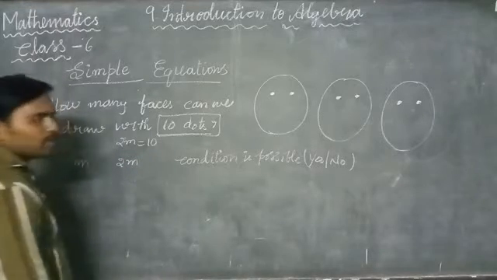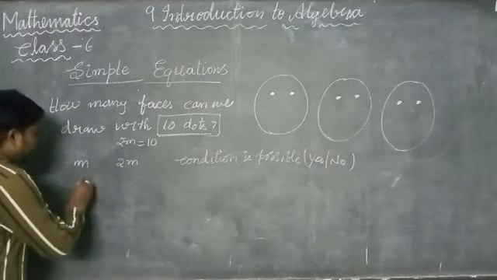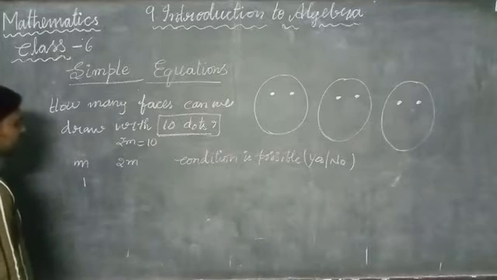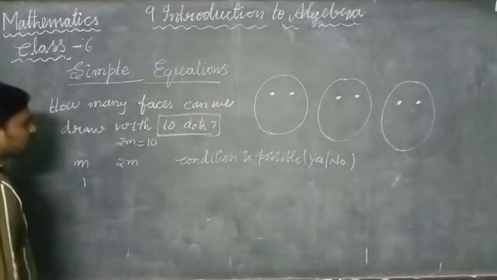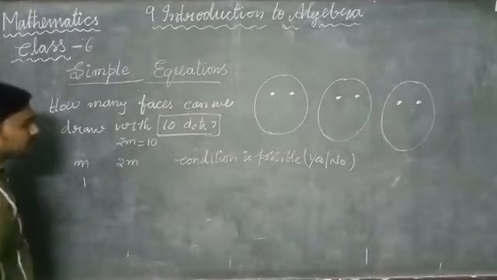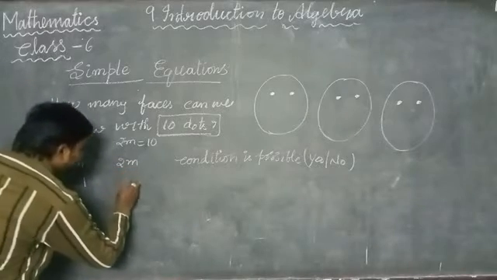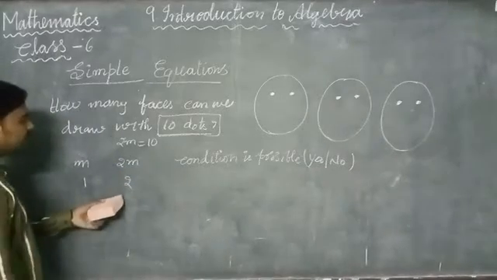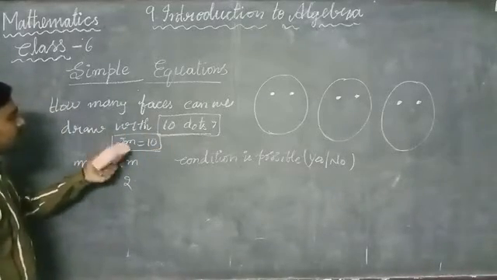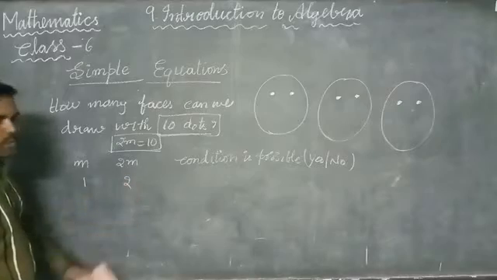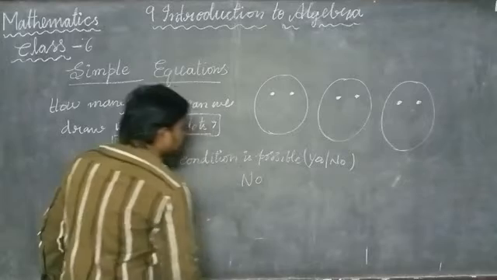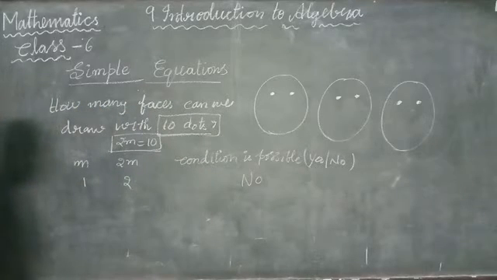If the condition is not possible, we have to write no. Let us assume that the value of m is 1. If you substitute 1 in the place of m, 2 into 1 is 2. Does it satisfy 2m equals 10? We have to get 10, but here we only get 2. So the condition is not possible.